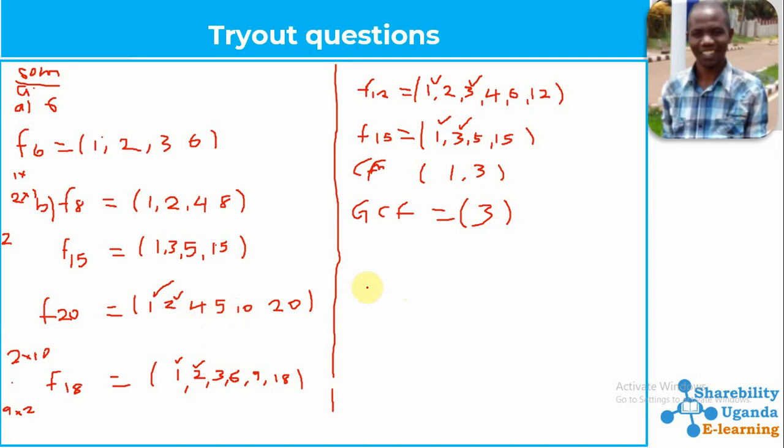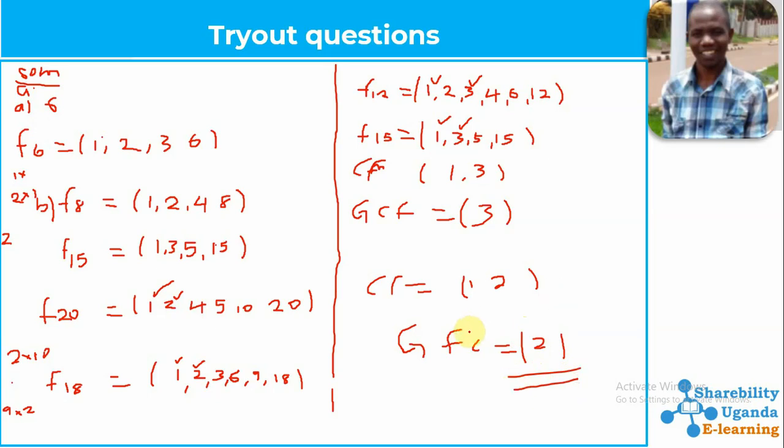Okay, so we can see in our numbers 20 and 18, our common factors, we are only having 1 and 2. So in 1 and 2, our greatest common factor, the GCF, is going to be equal to our 2.